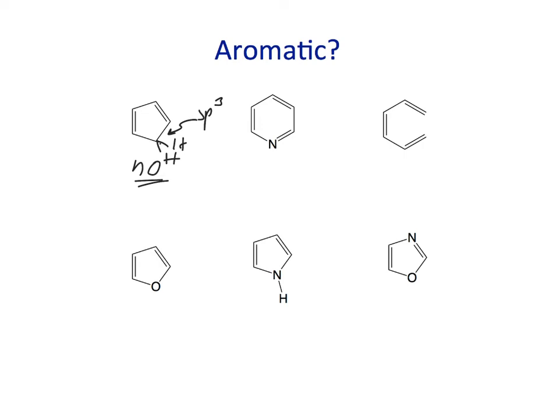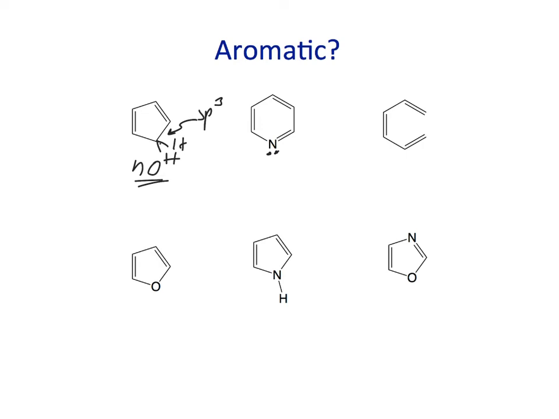All right, what about the one in the upper middle? So this nitrogen has 3 bonds. Remember, it always has a non-bonding pair of electrons if it's neutral. What do you think about that one? Is that aromatic? How many people think that one's aromatic?